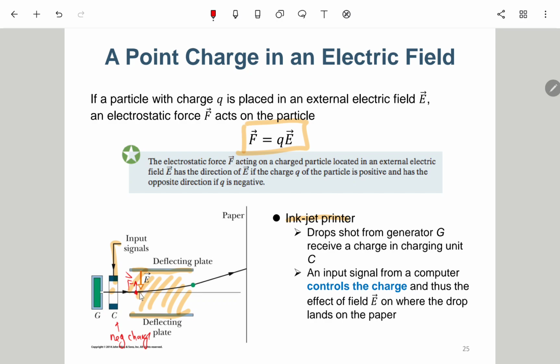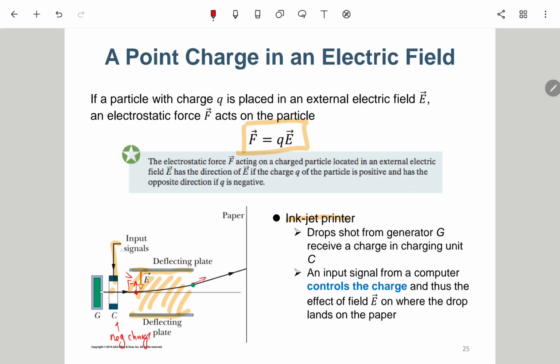So there will be a constant velocity movement to the right side, but a force which accelerates the ink upward. This is like projectile motion, just upside down. So this charge will slightly turn upward.